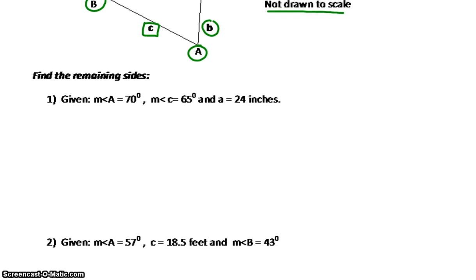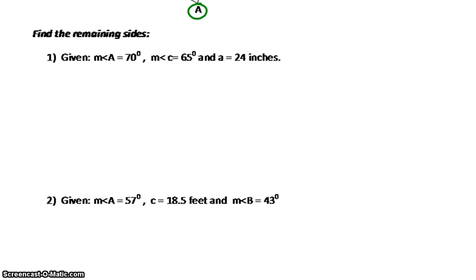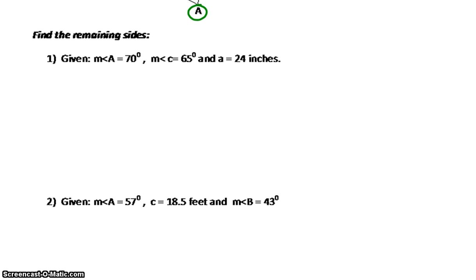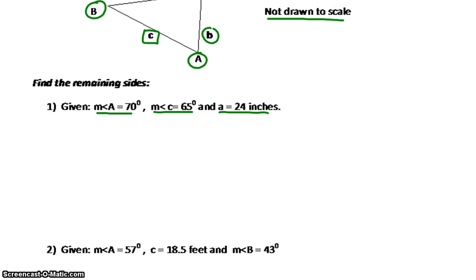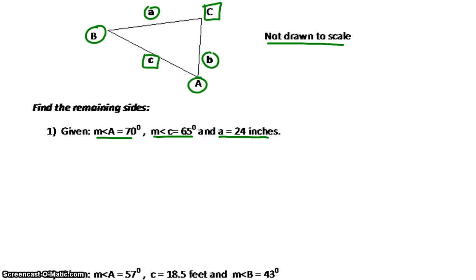We're going to find the remaining sides of what's been given. In this one, we've been given an angle A of 70 degrees, a measure of angle C of 65, and side a is 24 inches. So if we look at the triangle above, we're given angle A and angle C, and the side a is opposite.